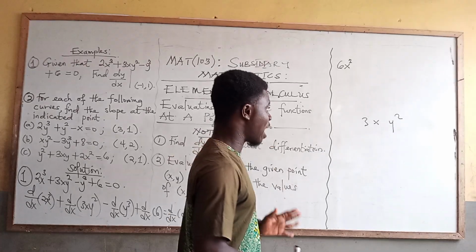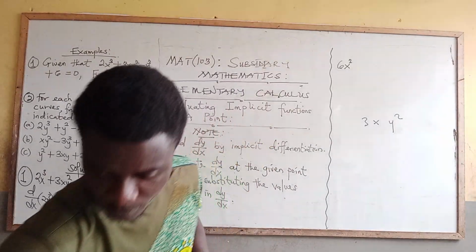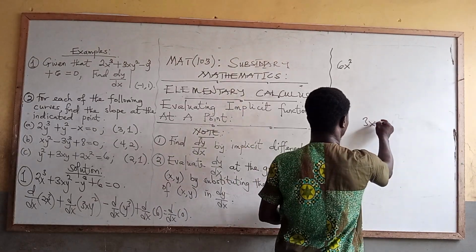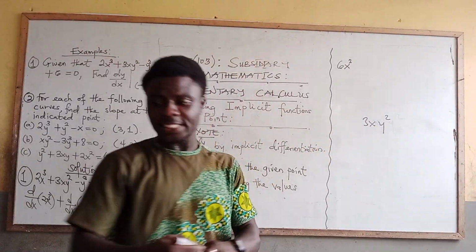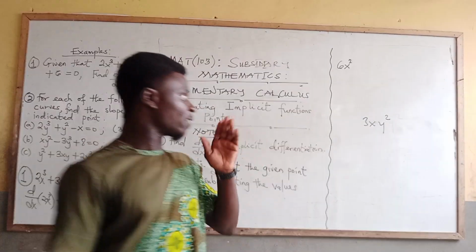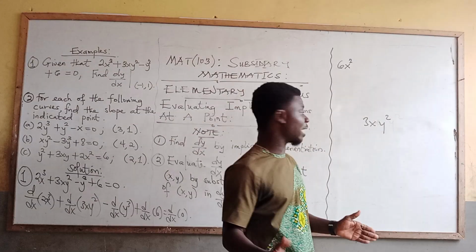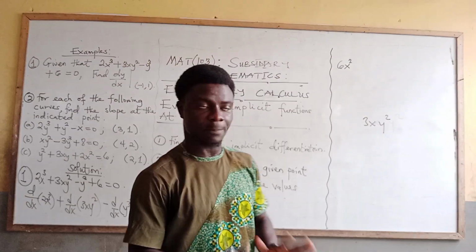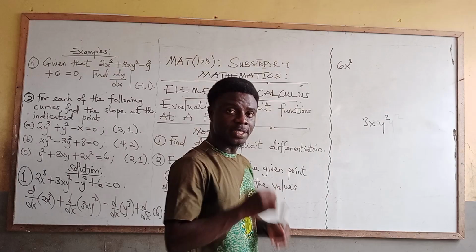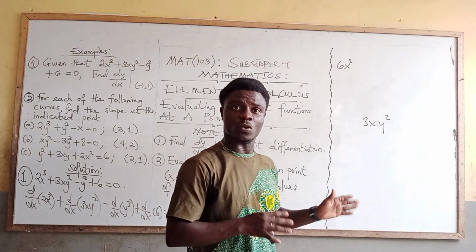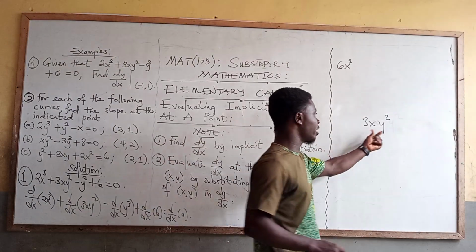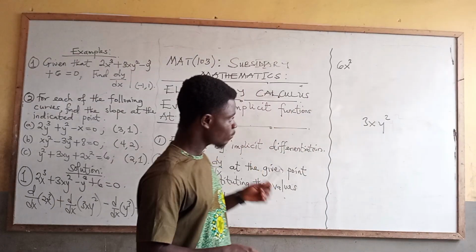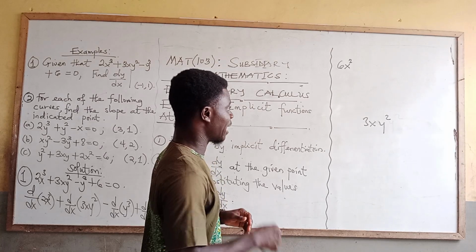So I have my 3xy squared, which means that if I'm treating y as a function of x, then I have to apply my product rule. My 3x is multiplying y squared, so I have to treat y as a function of x. So we apply the product rule.